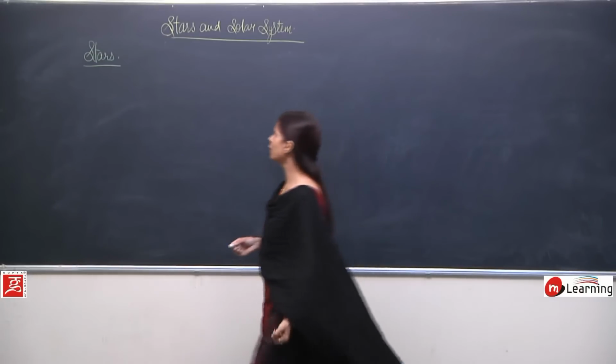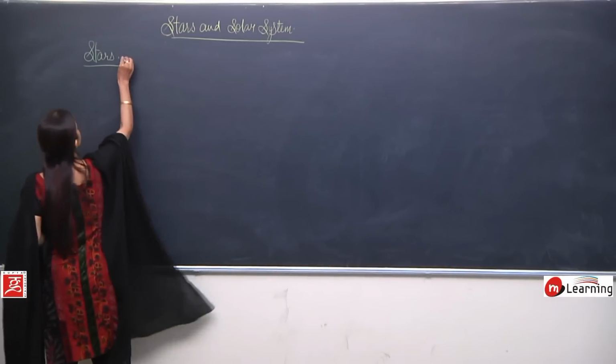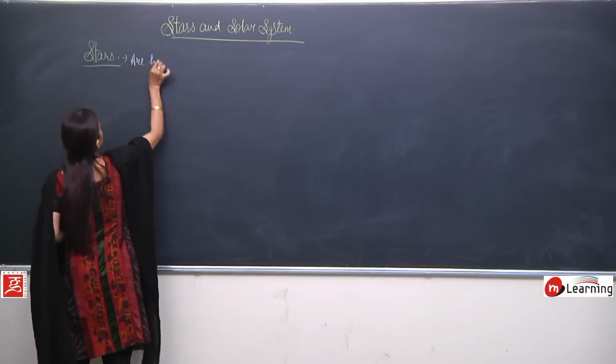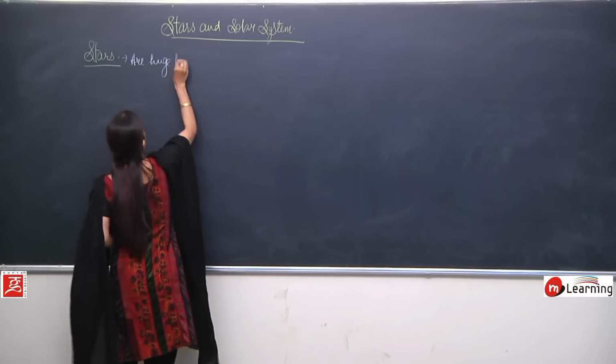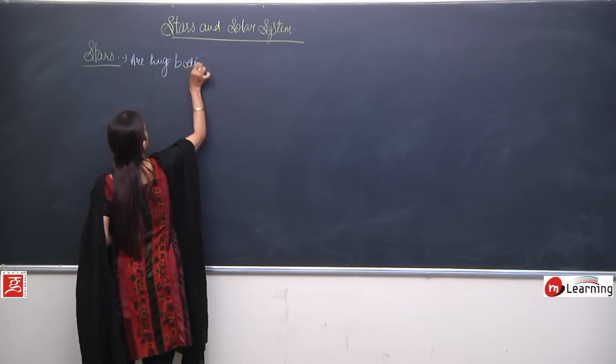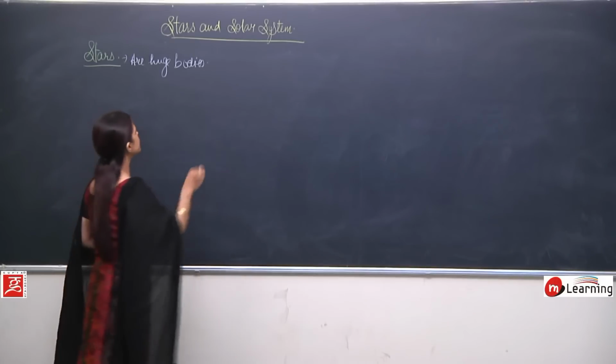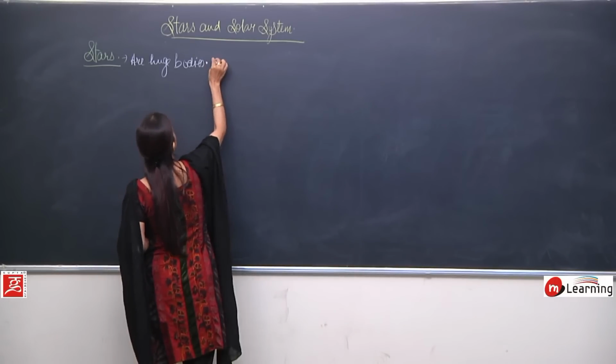What will we write first of all? Stars are huge bodies. Again I will be writing in small incomplete sentences. Huge bodies.